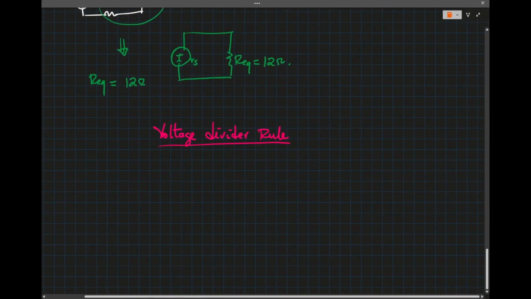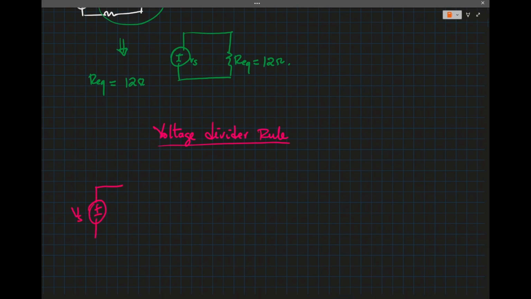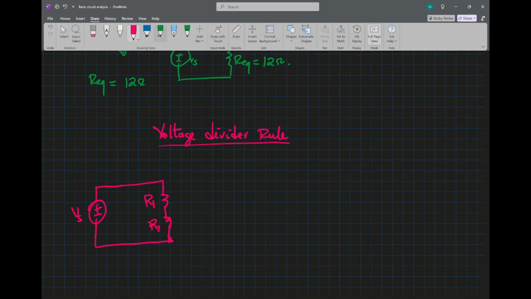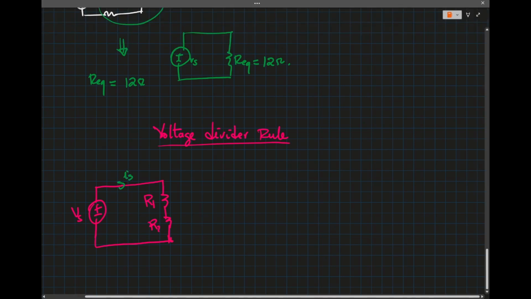So let's take an example. So this is Vs, and let's say we have two resistances, R1 here and R2, and the current supply is Is.